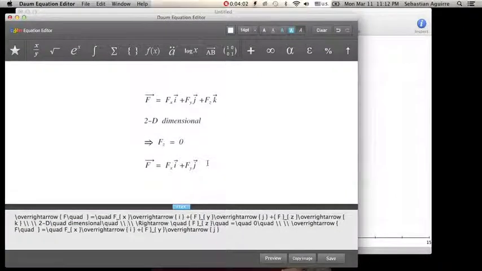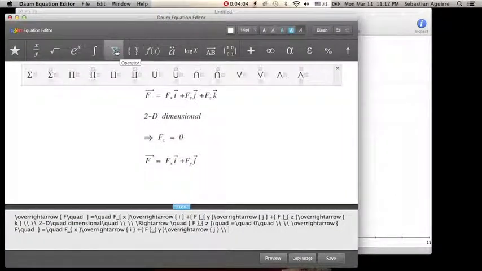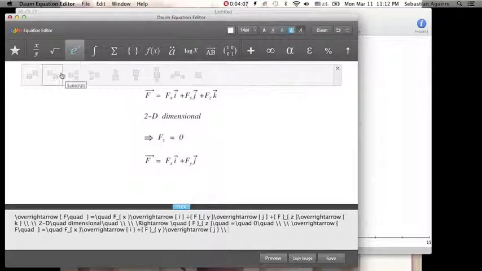So now what we have to split up are the components, and this is relatively simple.